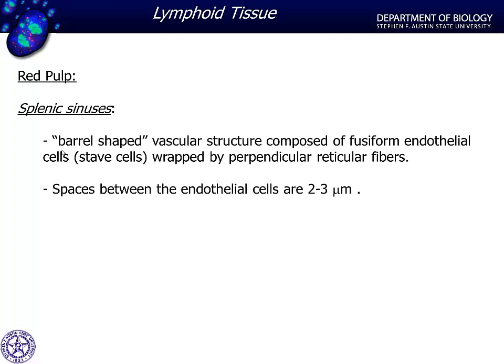And because of the positioning of these endothelial cells, these stave cells, and the reticular fibers, there are going to be gaps between these endothelial cells, maybe 2 to 3 microns in diameter. And remember, red blood cells are about 8 microns, so it's going to be a very skinny, small space through which red blood cells have to pass.